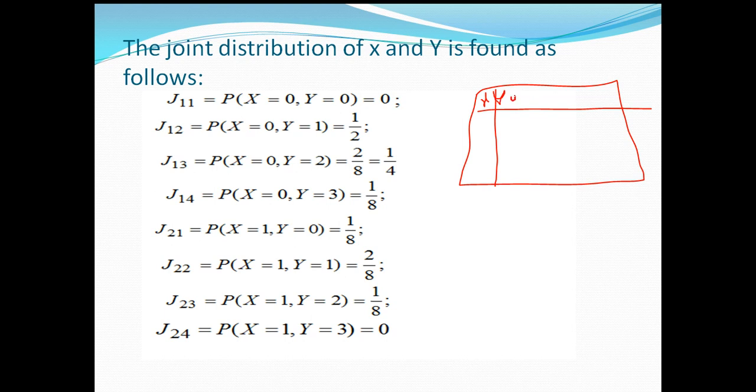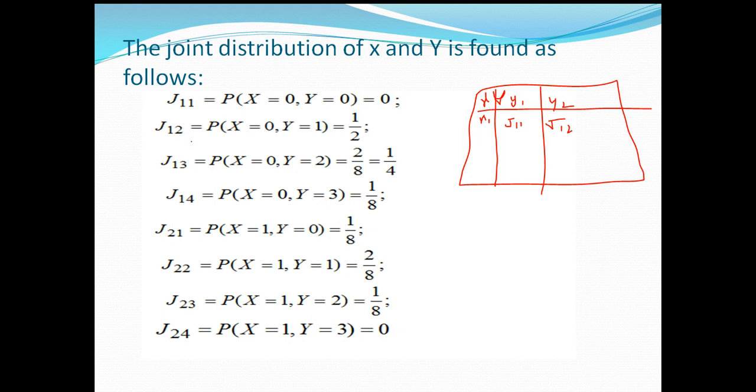This is the first y1 value and this is my x1 value, and here comes j11, and the next value comes j12, j13, and so on. Here it is y2. So j11 we get from x1, y1. So when x is equal to 0, y is equal to 0, therefore this is 0.